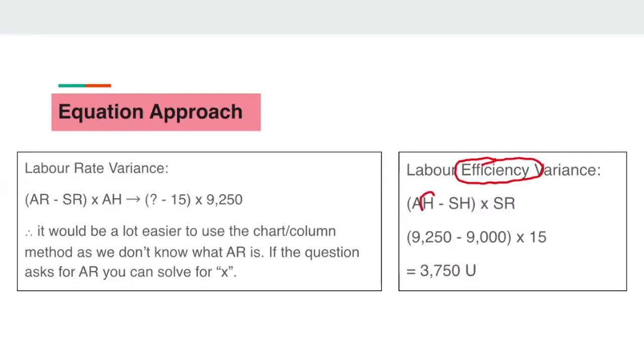So we're going to take our quantity in the bracket, and then our opposite, which is rate, will be outside of the bracket. This will give us positive 3,750. And since it is positive, it is unfavorable, so we will place a U beside it.